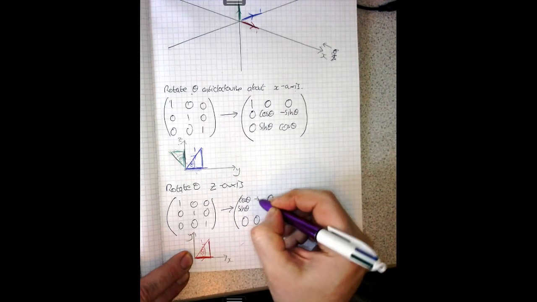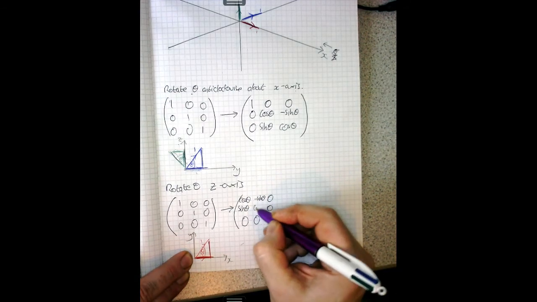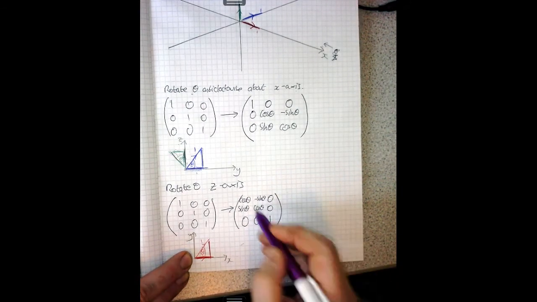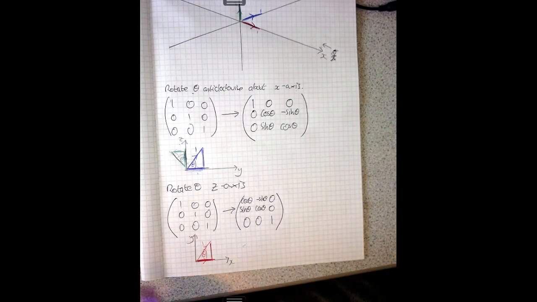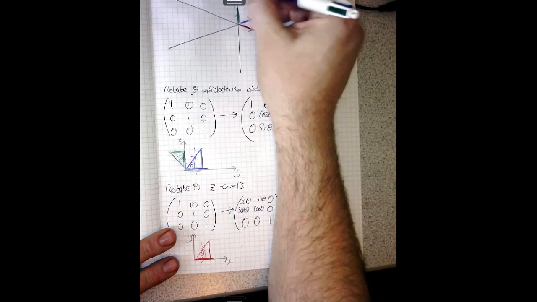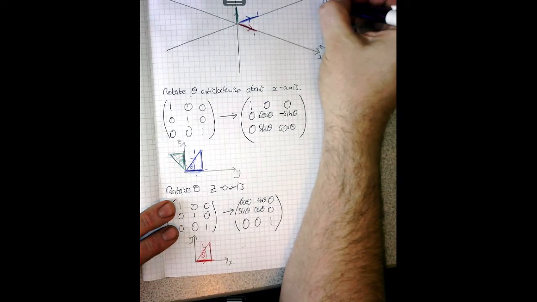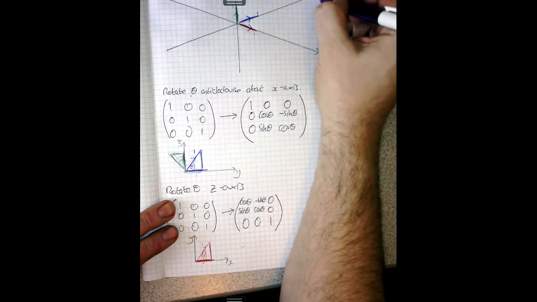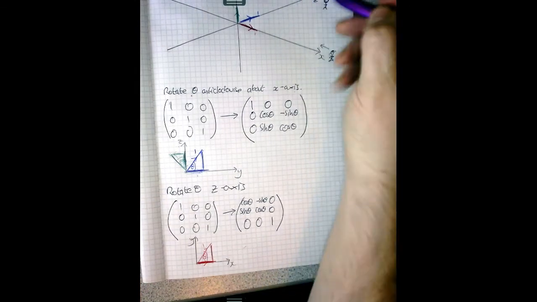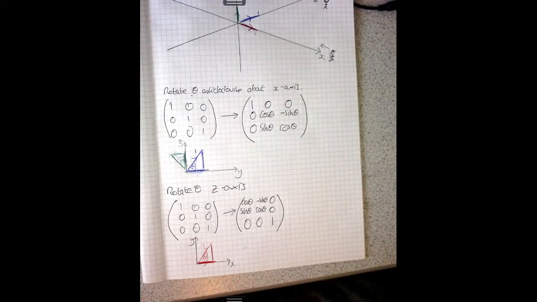If I rotate theta about the y-axis, what am I going to see? I'm going to see a vertical z-axis. I'm going to see an x-axis going off to the left. So the positive direction for the x-axis is the opposite to that which we're used to. So there's my z, there's my x.